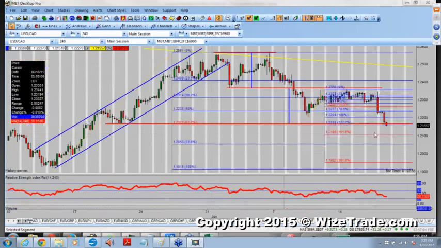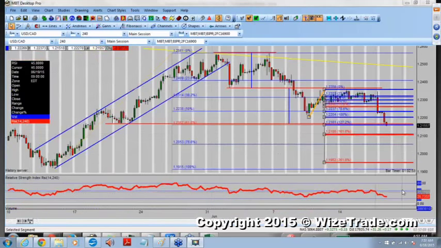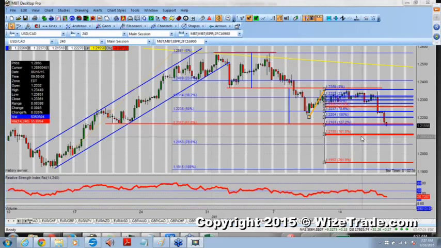Now, support here, I'm just getting rid of this stuff from yesterday. So we have a 161% extension down towards 121. 121 could offer some support, because it's the 161% extension, which is my favorite fib level anyway.